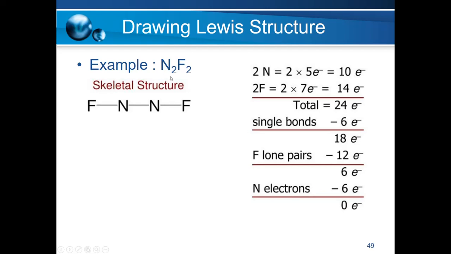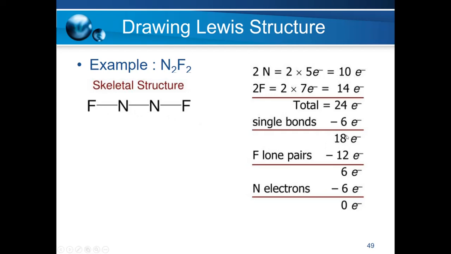And for N2 and F2, so F2 should be outside. The central atom is nitrogen because nitrogen is quite neutral compared to fluorine, which is more electronegative. So 2 times 5 you get 10, 2 times 7 you get 14, then you get 24. How many electrons here? 2, 4, 6.